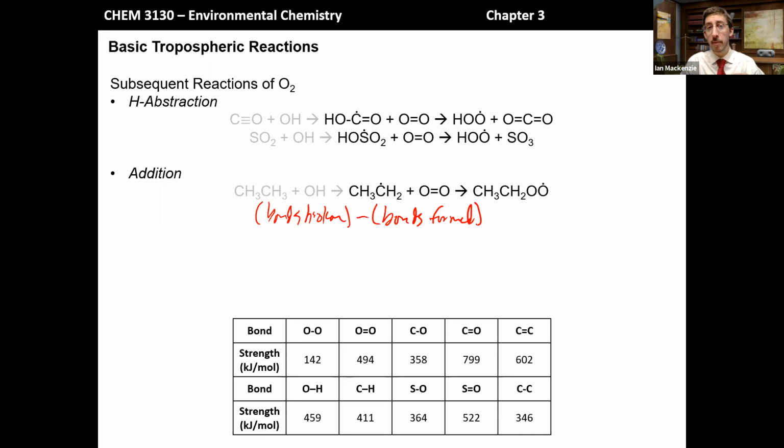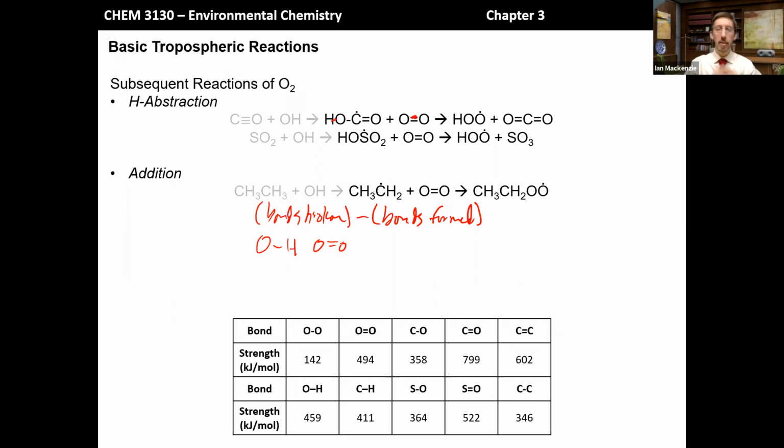And if a reaction is going to be feasible, I ideally want it to be exothermic, or at the very least only moderately endothermic. So I'll look at this and say, well, for this first reaction, I'm definitely breaking an OH bond because I'm taking away this hydrogen here. And in O2, I'm also breaking an O double bond, but I'm not breaking both bonds completely.